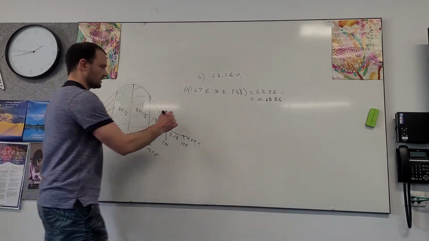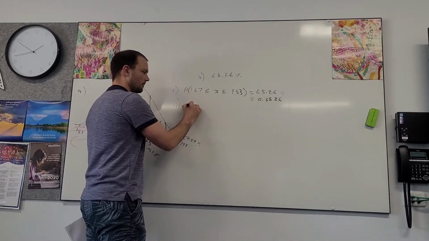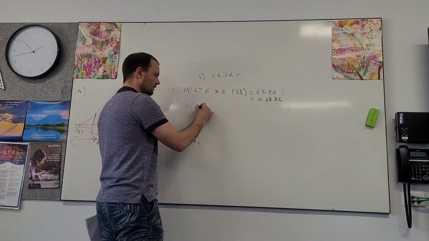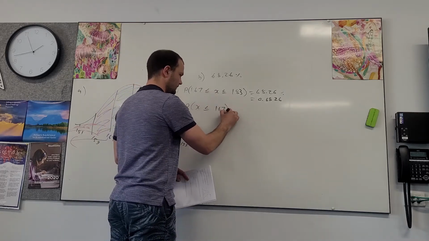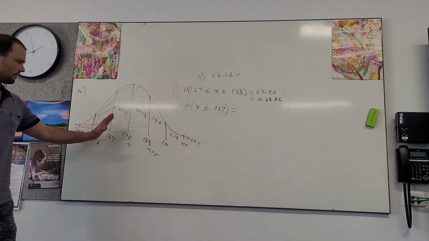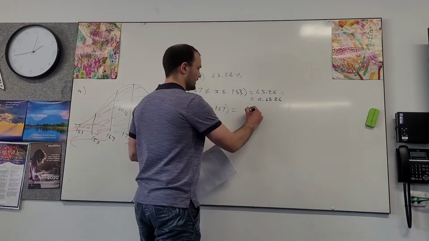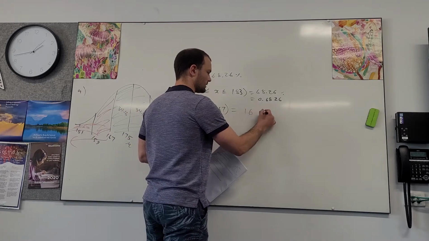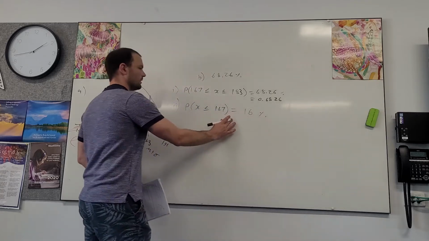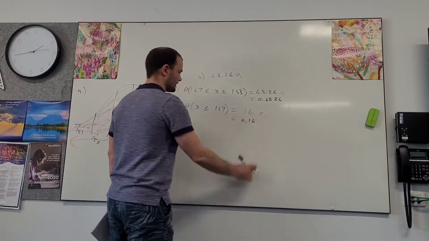So that's part 1, here's part 2. Probability of it being less than 167: 13% plus 2% plus 0.59%. It's, what is it, 16.4 or something like that. I'm just going to put 16% for now as an approximation, or as a probability, 0.16.